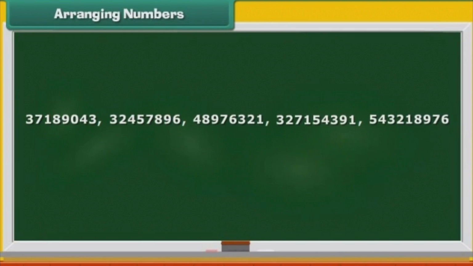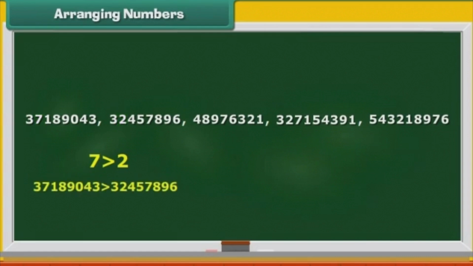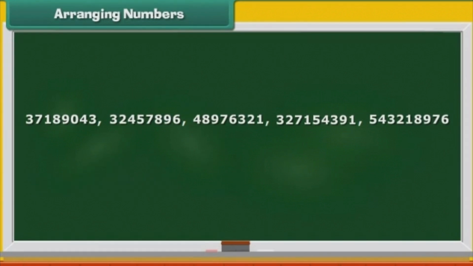Now consider the 8-digit numbers. The first two begin with digit 3. Their second digits are 7 and 2. 7 is greater than 2. Therefore, 371,890,43 is greater than 324,578,96. Interchange the numbers.